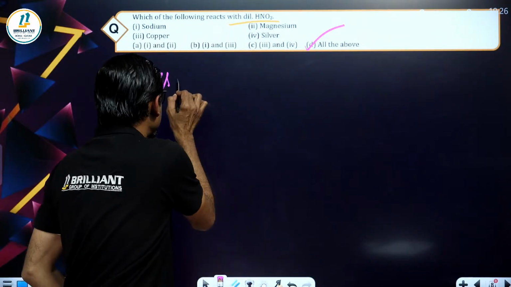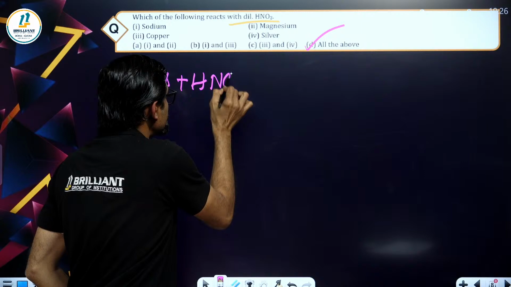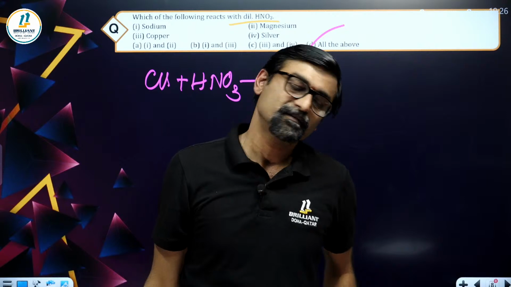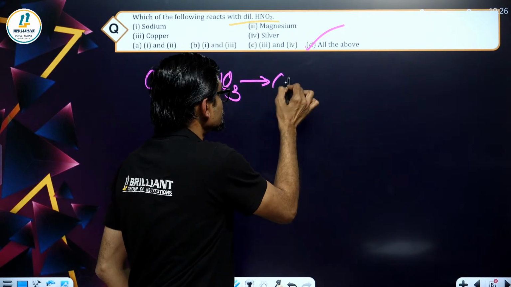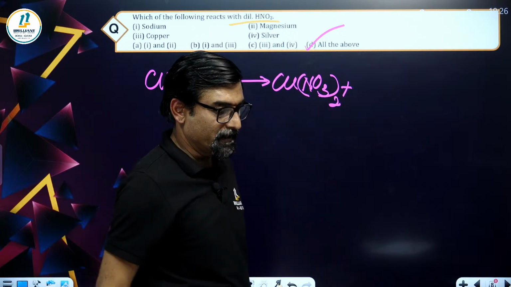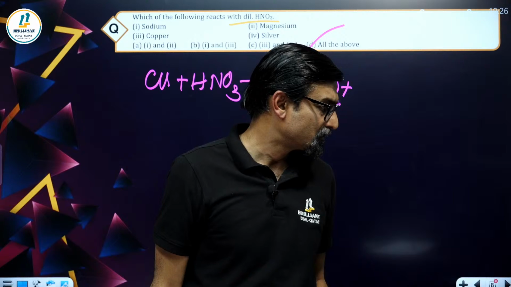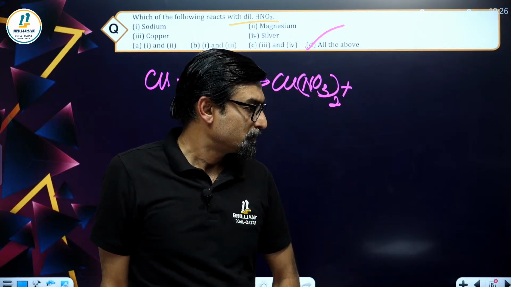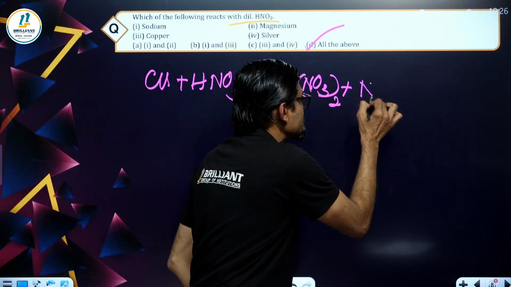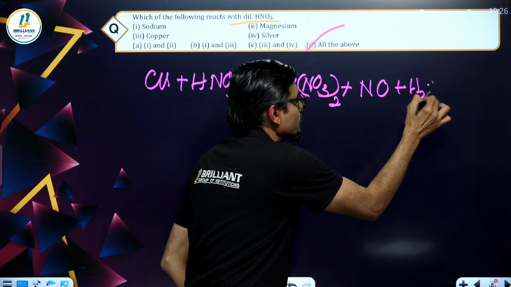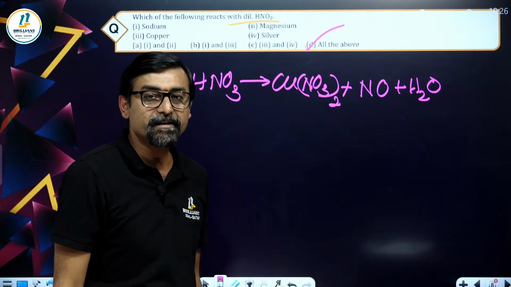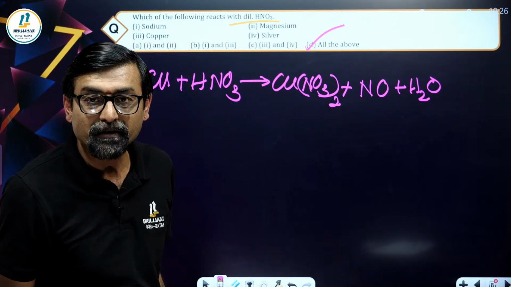Copper plus nitric acid gives copper nitrate, Cu(NO3)2, plus nitric oxide plus water.